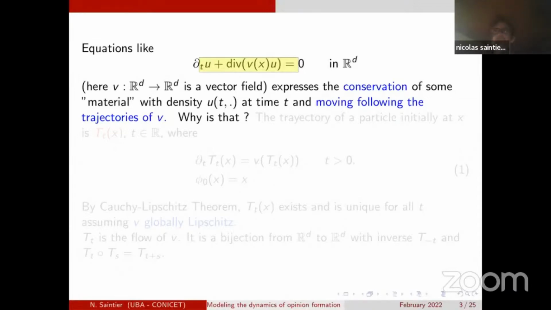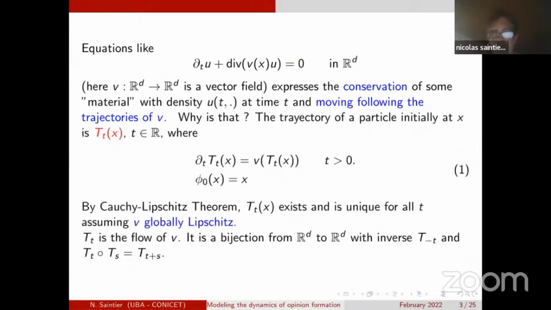So how do we put that mathematically? We need the trajectory of the vector field V. This just means that I need to solve the ODE associated with my vector field V for any initial condition x.